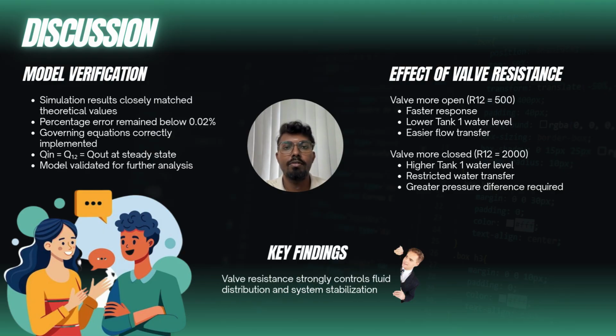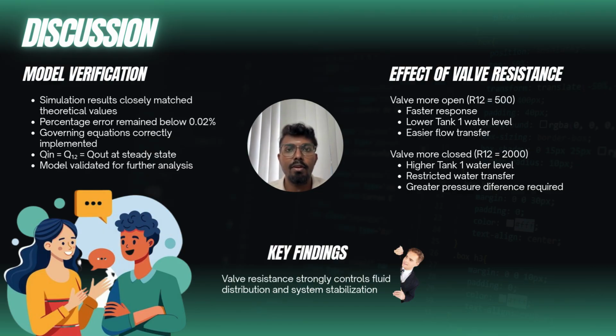So next, I will discuss the findings obtained from the simulation study. First is model verification. Before conducting the parameter analysis, the MATLAB and Simulink model was verified by comparing the simulation results with the theoretical steady-state values. From the result, the percentage error for both tank 1 and tank 2 remained below 0.02%.